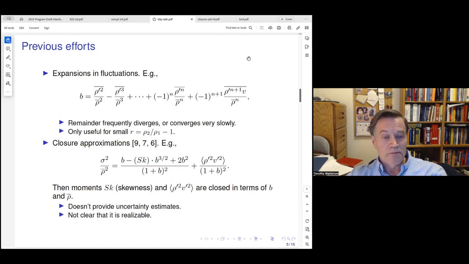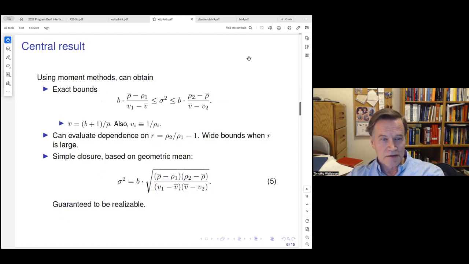So moving on then, looking for another approach, I'll just give the result that I've derived, and then I'll go on and show how to derive it. But you can actually use moment methods to provide exact bounds for sigma squared in terms of B and rho bar.